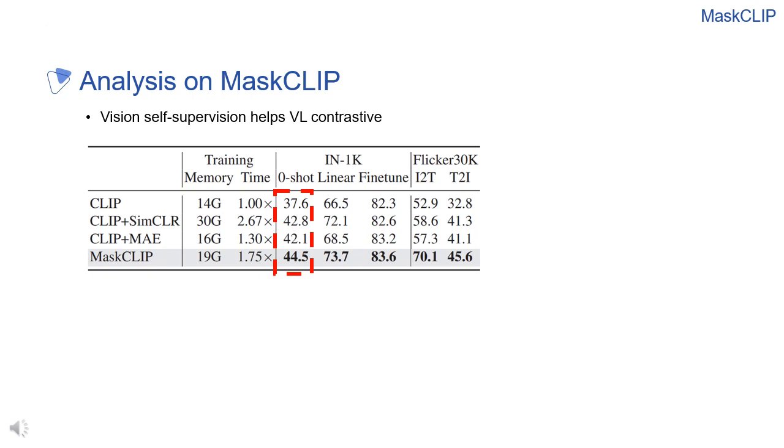All the combinations improve the results on both image tasks and image text tasks. And our MaskCLIP shows the best performance on all the tasks. Then, when it comes to efficiency, as we analyzed before, the contrastive learning-based method has much larger memory cost and slower speed, while the mask image modeling-based method is much more efficient.